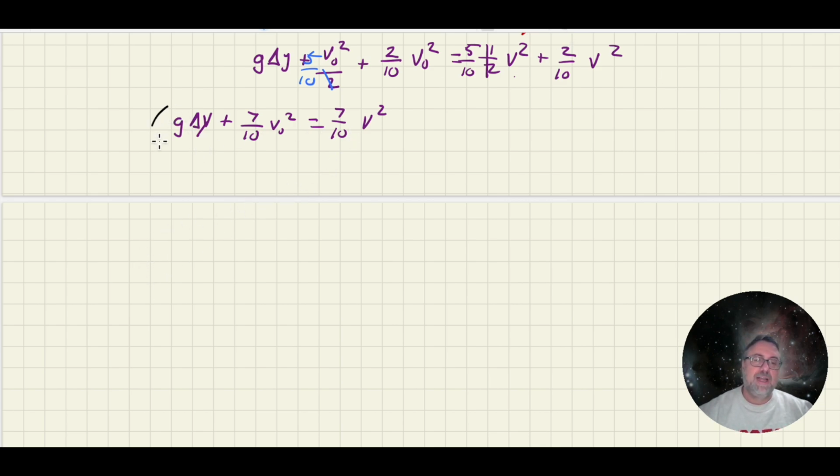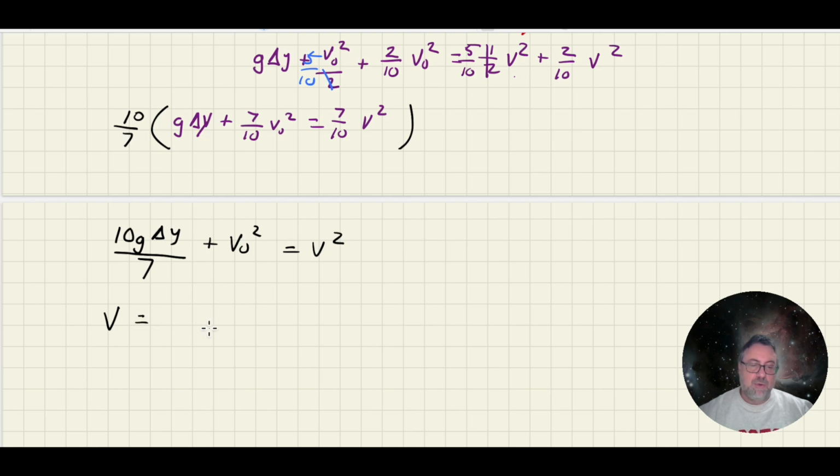So I'm going to multiply everything by 10 over 7. So over here I'm going to have 10g times delta y divided by 7 plus v naught squared equals v squared, or v equals square root of 10g delta y over 7 plus v naught squared.